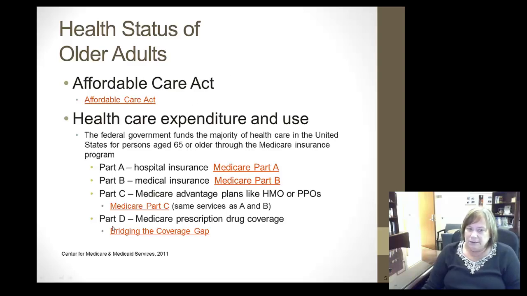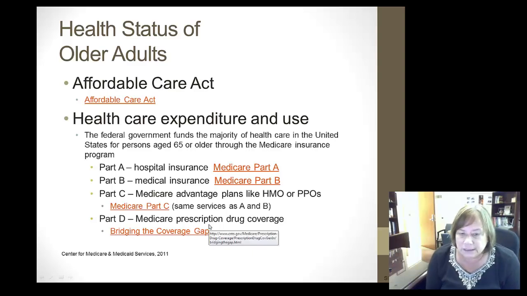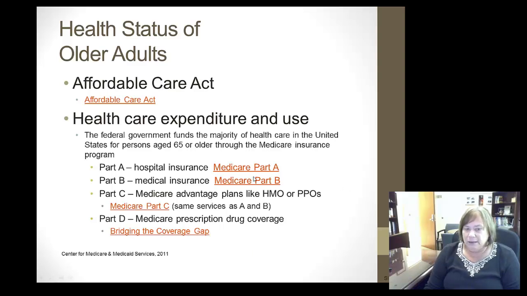Down on the side, it's Part D, which is optional, and older adults have to pay a supplement for Part D. It covers most prescription drugs, but if someone's on a lot of medications, especially if they have 3 or 4 chronic illnesses, they may use up the money that is set aside for prescription drugs. Then they have to go on and pay out of pocket, which was this donut hole, and it could be very expensive. These are hyperlinks. You can click on Bridging the Coverage Gap, and that refers to the donut hole.